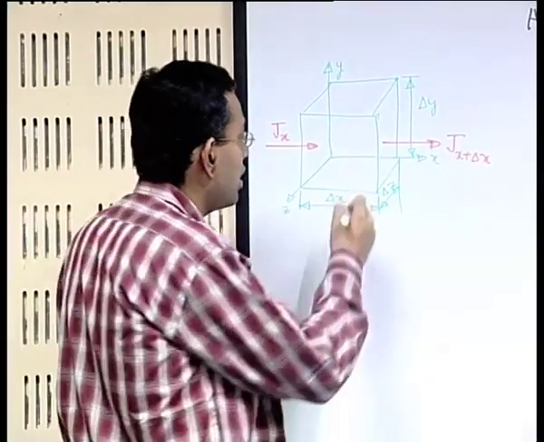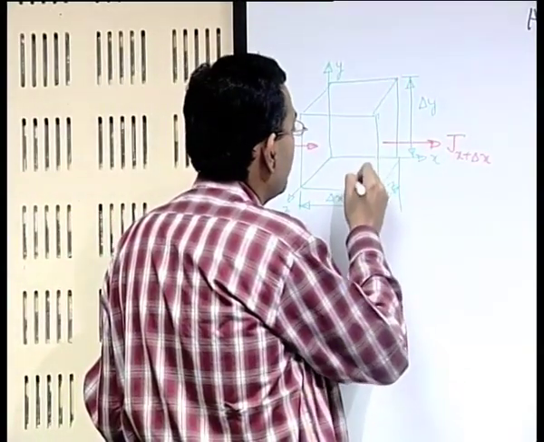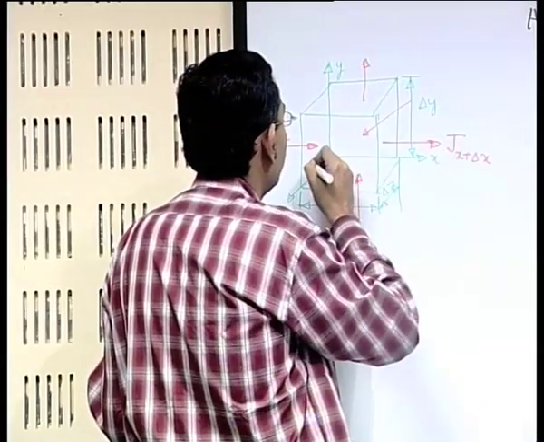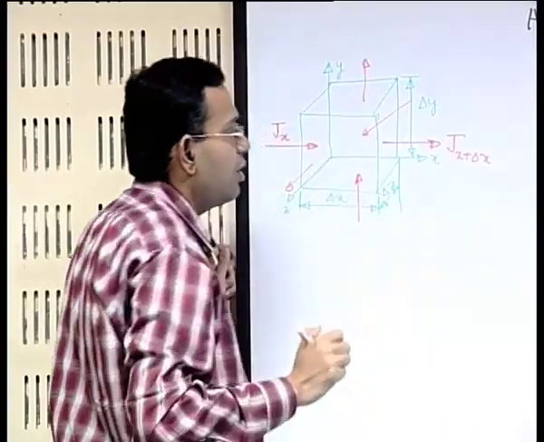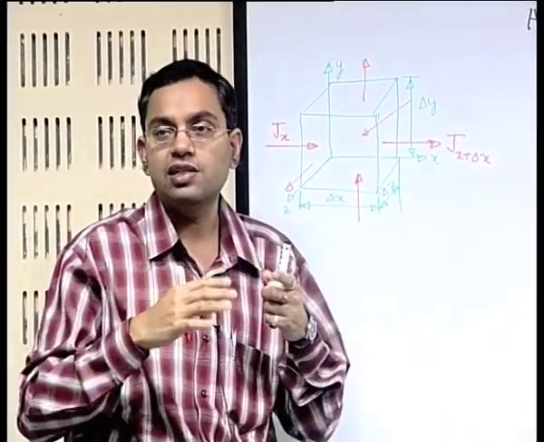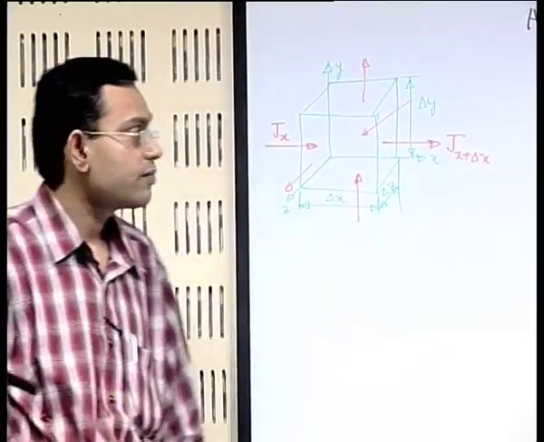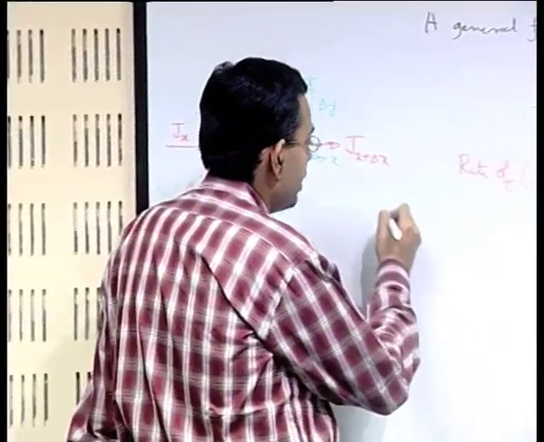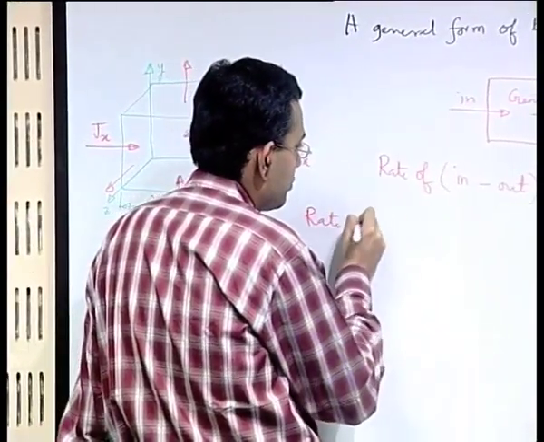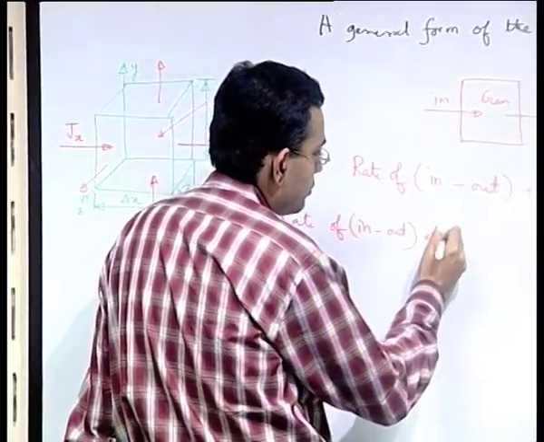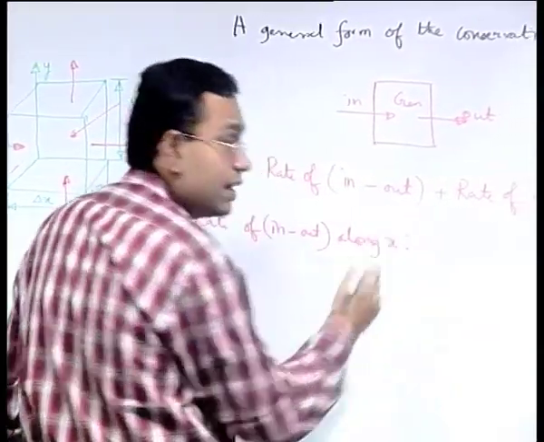Similar fluxes do occur for y and z directions, but for simplicity we are detailing only what happens along one direction, and we will extend that concept to the other directions. So, let us write what is rate of in minus out along x.